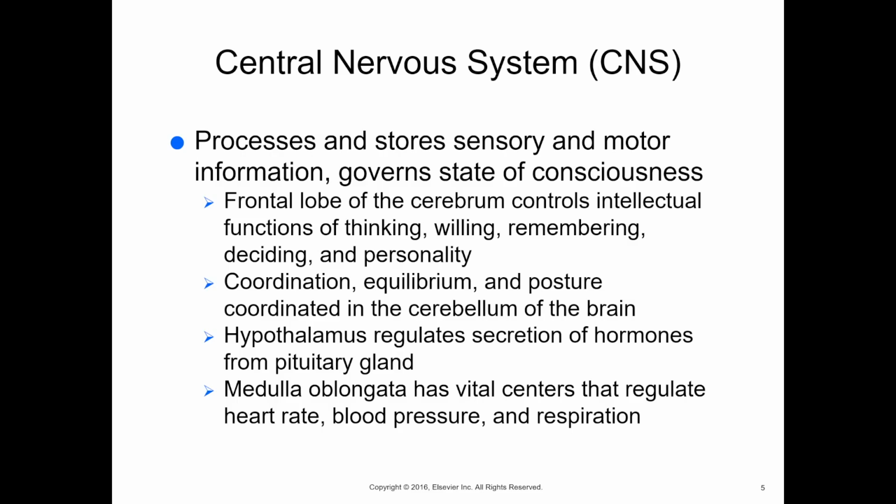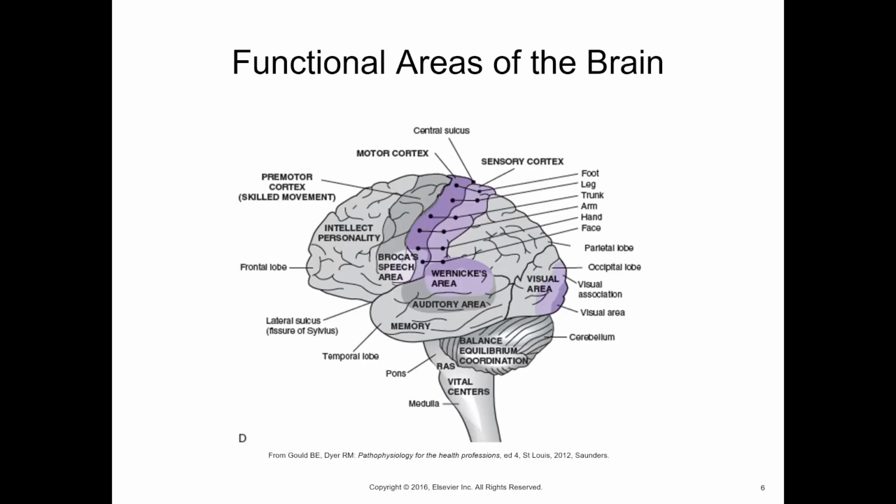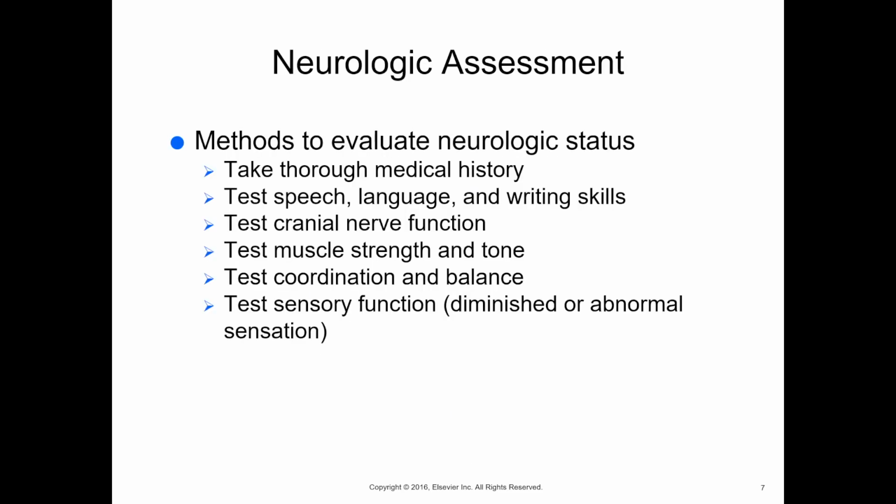We've also got our 12 cranial nerves. 5 of those come from the brainstem directly. These are functional areas of the brain. This is a very generic look at it, and there are actually more detailed association areas that communicate and are involved in a lot of our functions of the body.